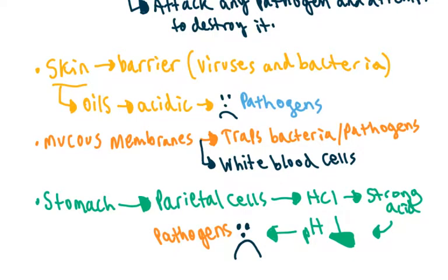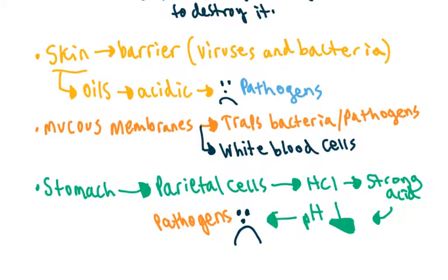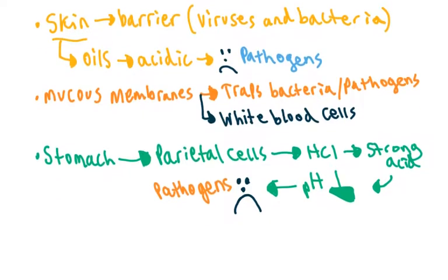It pretty much kills most of the pathogens. That's one of the main reasons why we have hydrochloric acid, to eliminate a lot of the pathogens that we ingest through food. All right, so we have skin, mucous membranes, stomach acid, and we have about two more that we'll discuss.